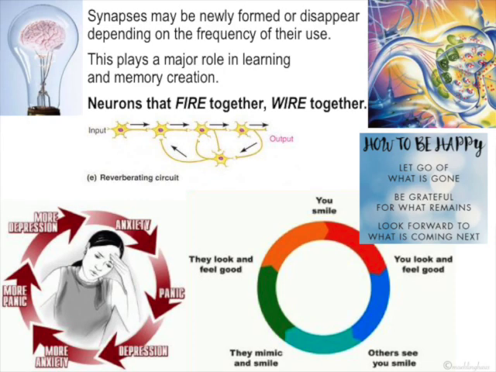And then from there, what are we doing here? The cool thing about understanding some of this stuff is you can actually use it for your own benefit, because you can start looking at neuroplasticity. The word plasticity means moldable.